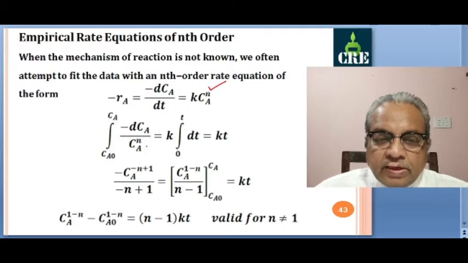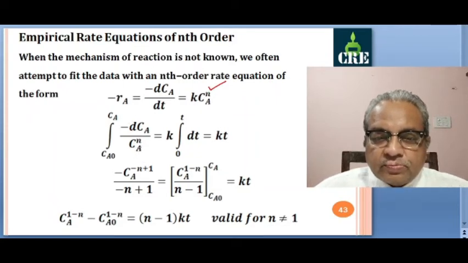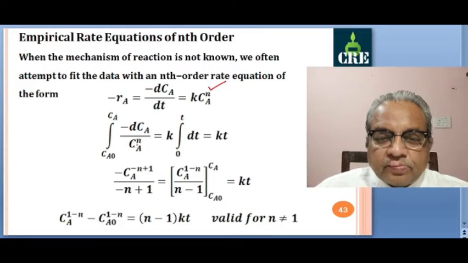Here CA raised to minus n I can shift to the numerator and write as CA raised to minus n. So the integral of this is CA raised to minus n plus 1 divided by minus n plus 1, and this minus sign we already have here.